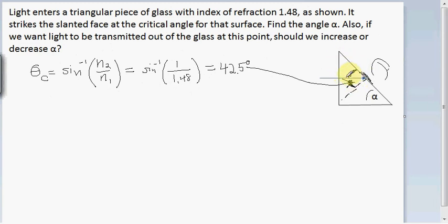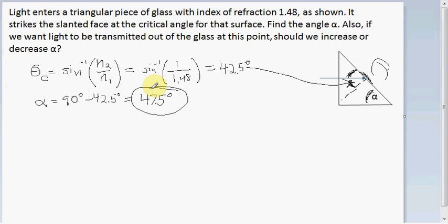And notice that this angle here is in fact equal to the angle alpha. So alpha is going to be 90 degrees minus 42.5 degrees, which is 47.5 degrees. So that's what the angle alpha is. That's the answer to the first part of our question.